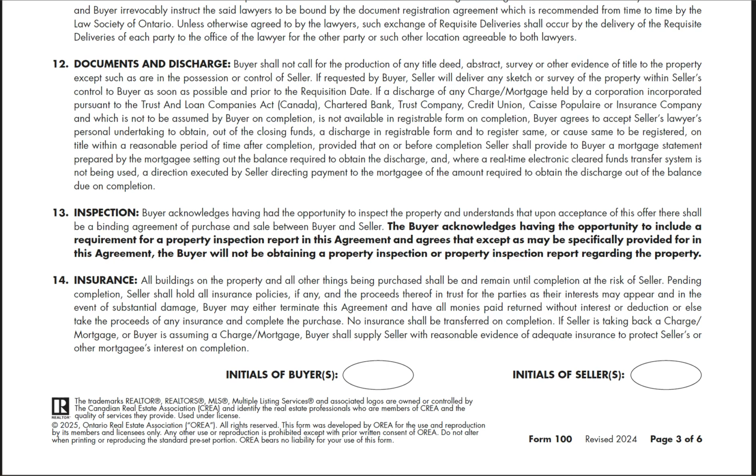Sometimes you can put a holdback as well, in which you make an amendment and you say, hey, this hasn't been taken care of, and we'll put a holdback until it is, and then you have a certain amount of time so that the property still transacts, but the holdback would be basically in trust with the buyer's lawyer to then be released once the window or leak is fixed.